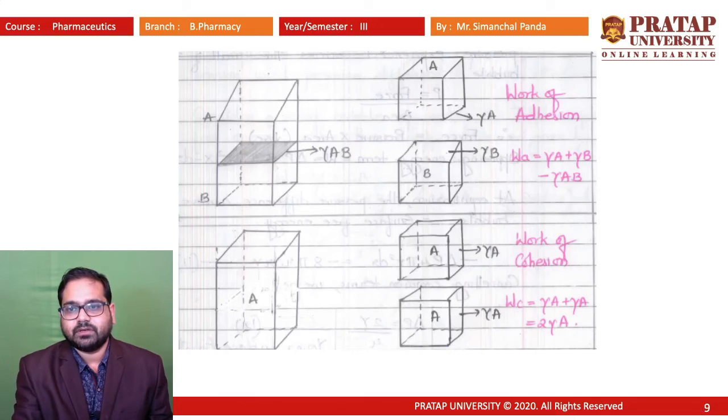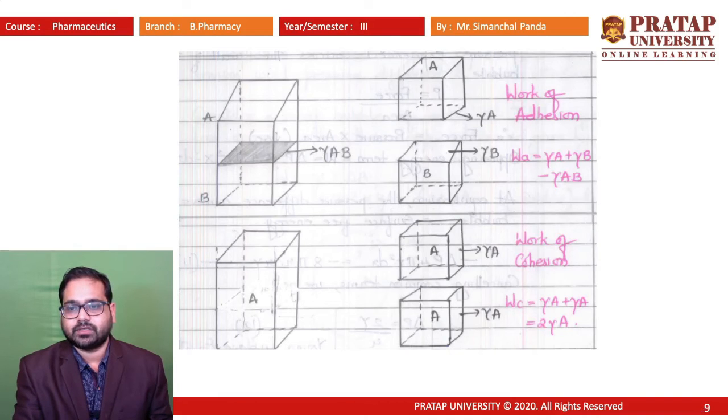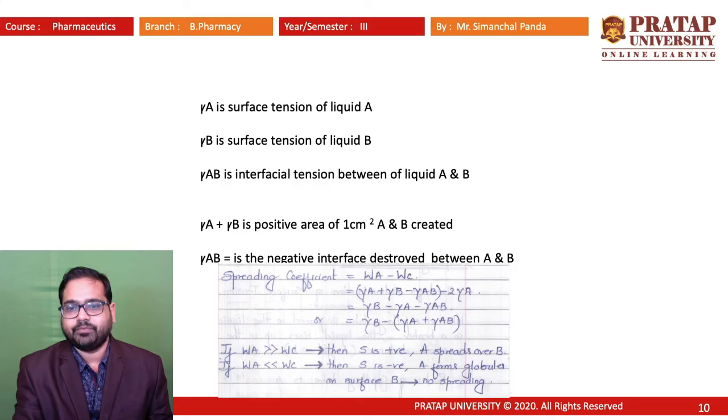Placing the equation values, WA is equal to gamma A plus gamma B minus gamma AB, and WC, the work of cohesion, is 2 gamma A. After simplification we get gamma B minus gamma A minus gamma AB, which gives gamma B minus, inside the bracket, gamma A plus gamma AB.